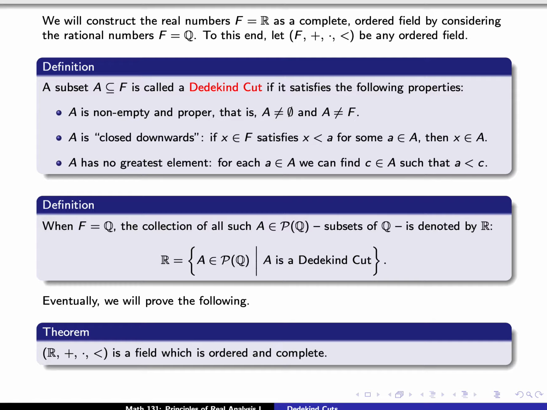R is a field which is ordered and complete. This will be a slightly strange construction because the elements of R themselves are sets. They're Dedekind cuts, but they're still sets. So we have to do a little bit of work to define addition, multiplication, and an ordering in order to prove that all of this is going to work.